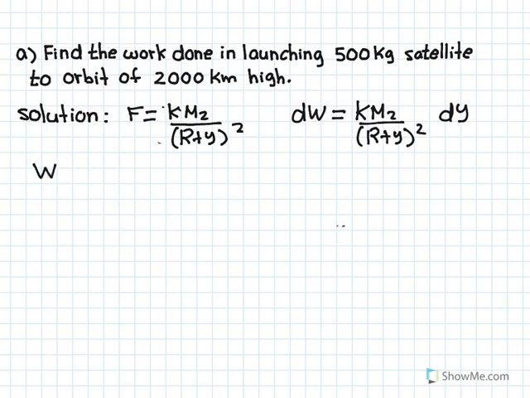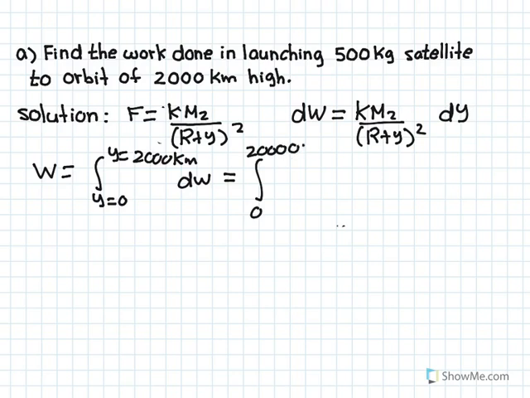So work is equal to the integral from y equals 0 to y equals 2,000 kilometers of dW. We have to change the units to meters, so y equals 0 meters to 2 million meters, with 6 zeros. And the mass of the satellite is 500 kilograms. So we get 500k divided by (r, radius of Earth, plus y, distance from the surface of the Earth) all squared, dy.